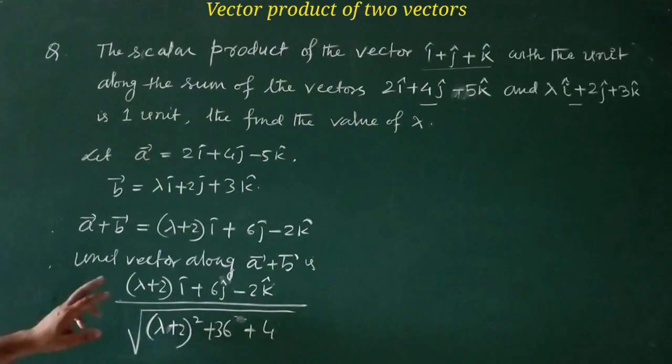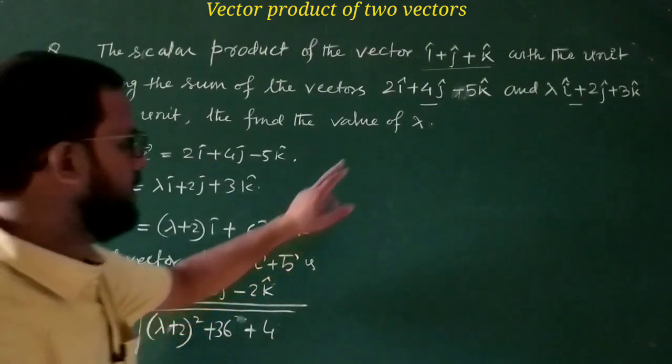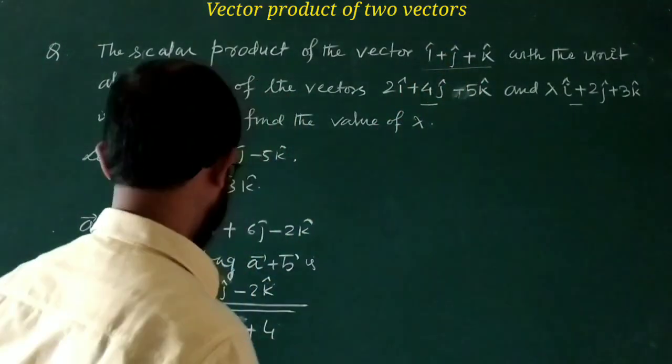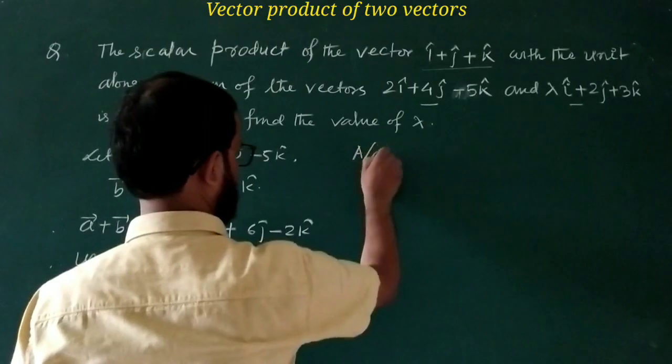Now given that the dot product of this and the given vector is equal to what? 1. Now according to the question, what is given?